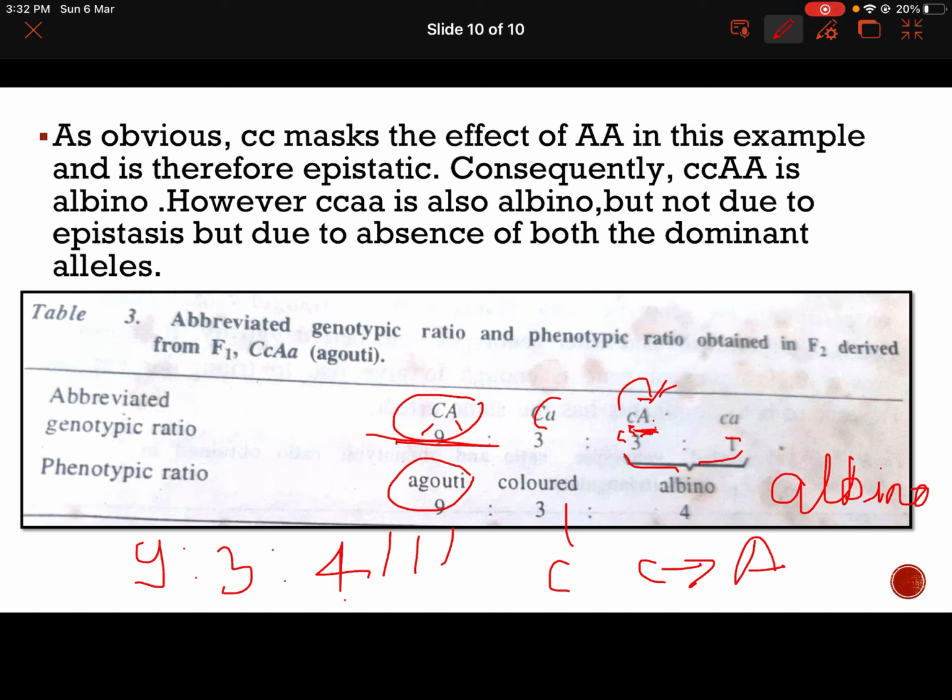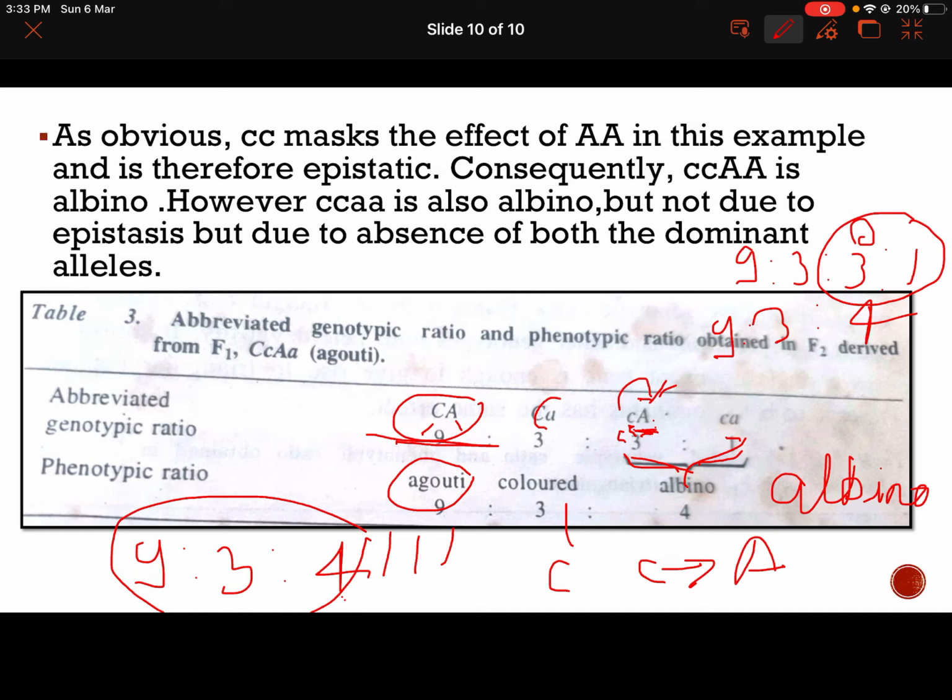We cannot get this 9:3:4 ratio without the masking of the effect of capital A. Because small c is masking the effect of capital A, we are getting albino here. And then the 9:3:3:1 ratio is converted into 9:3:4, because this 3 and this 1 together give the 4 albino.